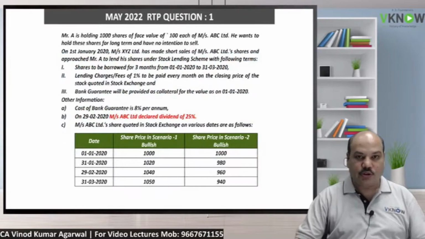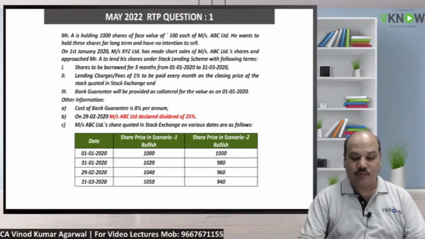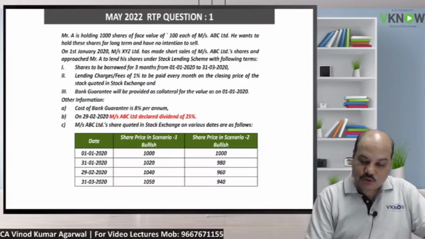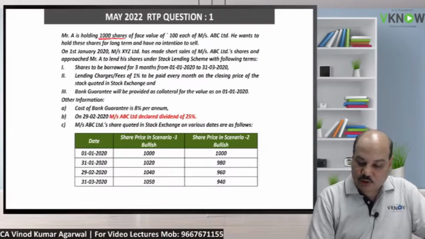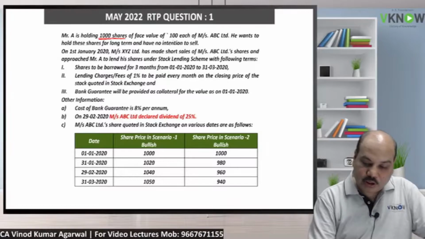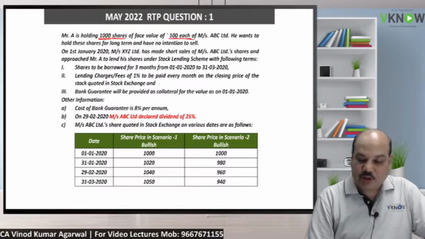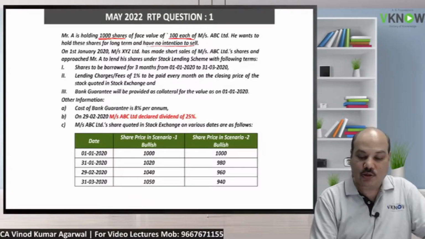Question is, Mr. A is holding 1000 shares of the face value of rupees 100 each of Messrs. ABC Limited. He wants to hold these shares for long term and has no intention to sell.